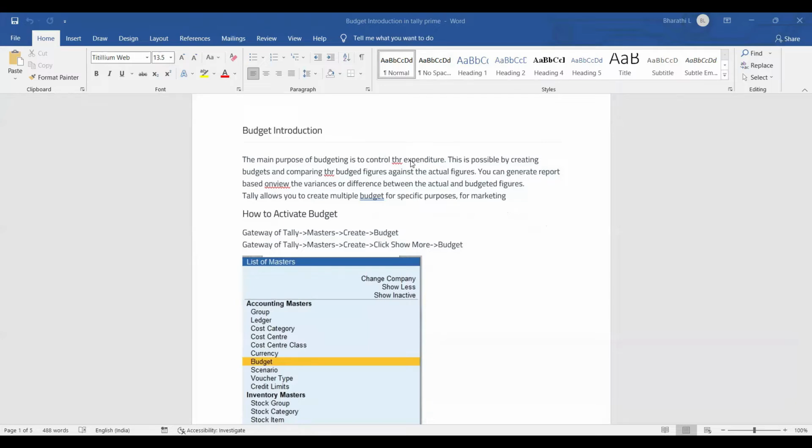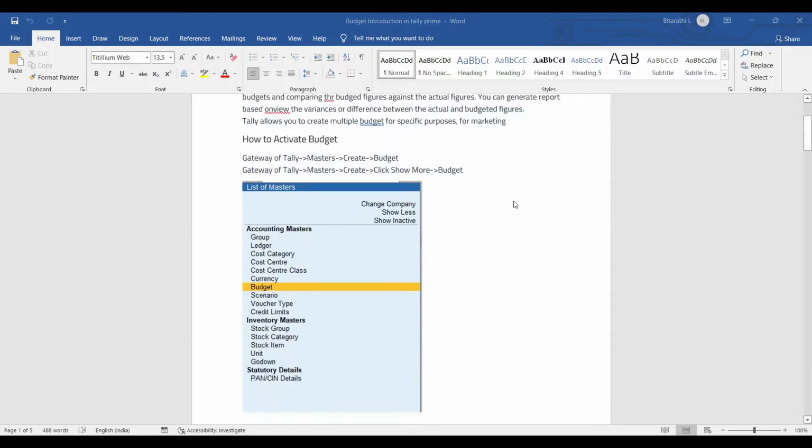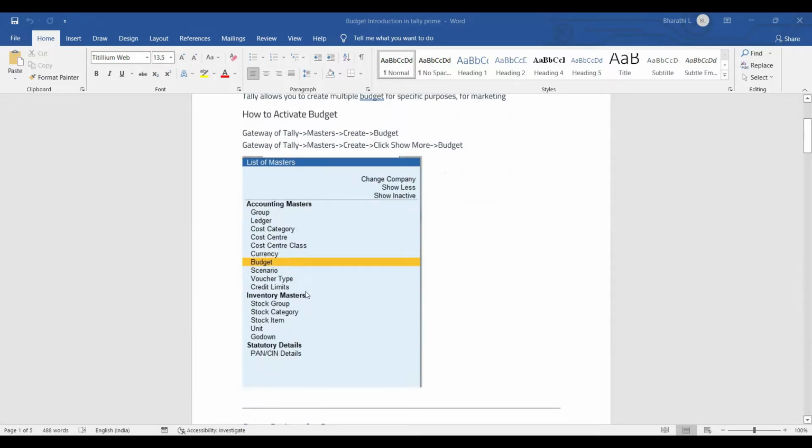How much difference do we have between actual values and estimated values, whether increased or decreased, it is possible to compare. You can generate a report to view the variance or difference between the actual and budget figures. Tally allows you to create multiple budgets for specific purposes. How to create, I also mentioned here.